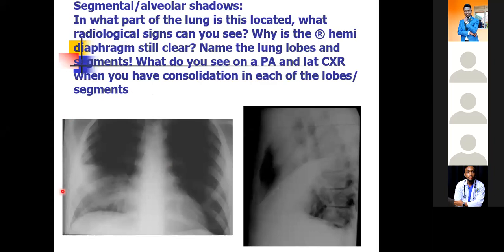So again, you can clearly appreciate that this is an airspace opacity, and what pattern are we seeing? We are seeing a pattern which is lobar in nature. So we can see that it has some silhouette sign with that right heart border, but for now it is still faint.